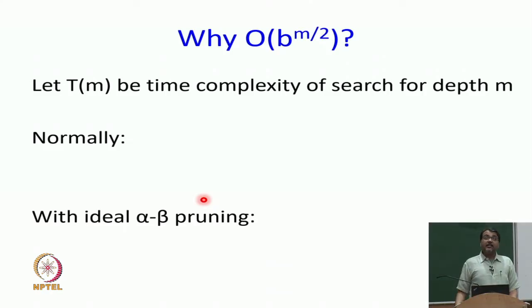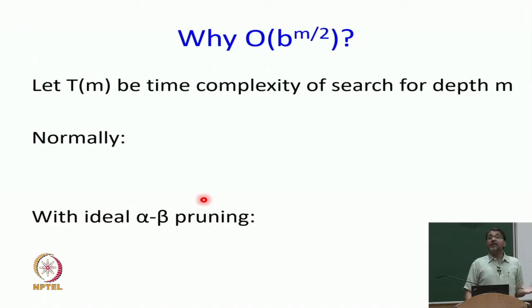So, what will be the recurrence relation for T of m for regular minimax search in terms of, let us say, T of m minus 1? Somebody? T of m is the time complexity of searching, starting my search at a node which has a subtree of depth m. Now, can I write T of m in terms of T of m minus 1?